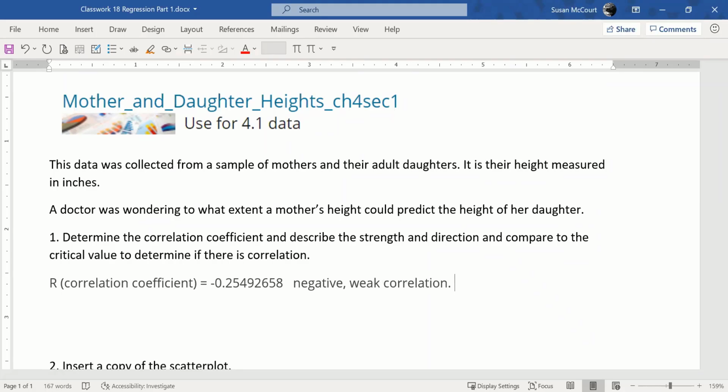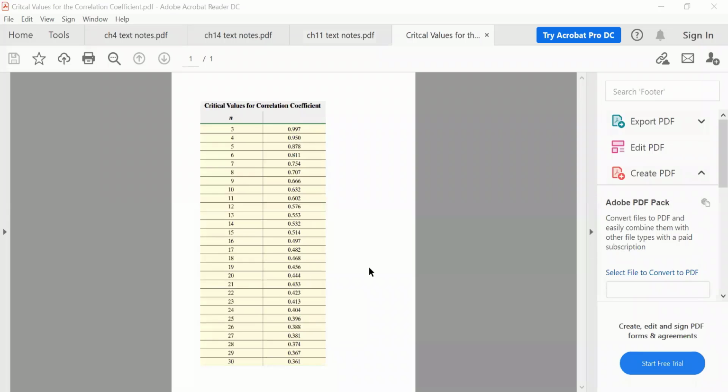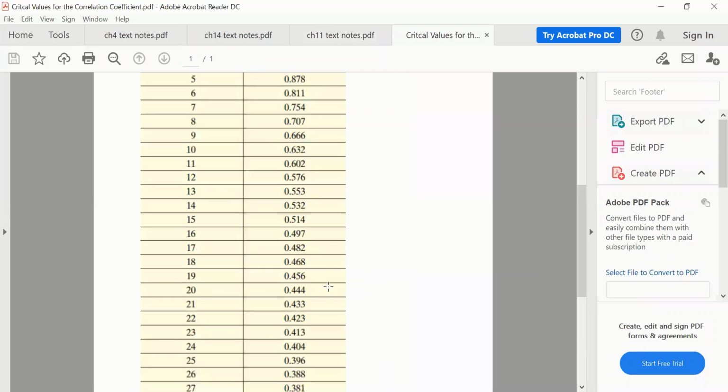So the question is, is it too weak to be considered correlation? And that's when you go to the critical values. If I go to the critical values chart, which I don't see, hold on. It's 0.404. I'm going to show it anyway, thanks. Let's make that a little bit bigger.